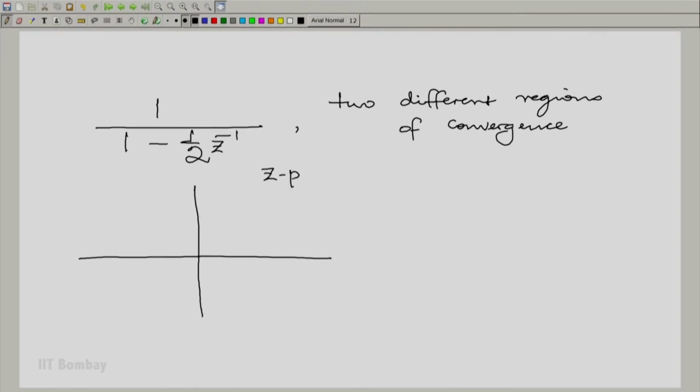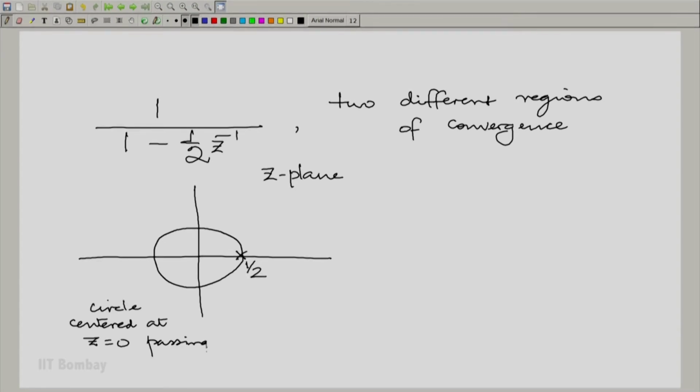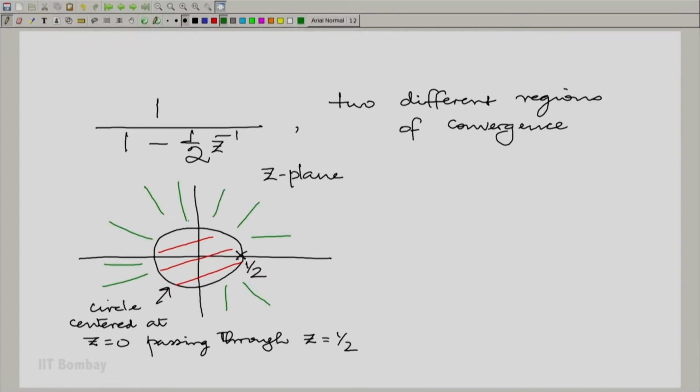So, we have the Z plane, we have the point half, there is a pole there, you draw a circle passing through this pole, center at the origin, and now we have two possible regions of convergence. One interior to this circle and one exterior to this circle, respectively shown in red and green.